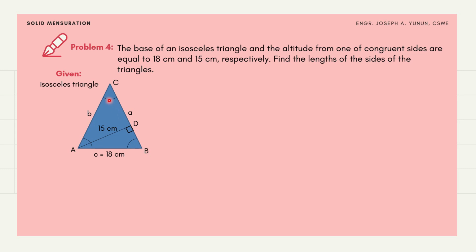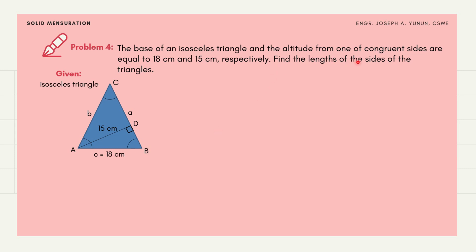Okay, so you have here angles A, B, and C. And then line segment AD represents the altitude, 15 centimeters. So side a represents side BC, side b represents side AC, and side c represents side AB, which is the base of the given isosceles triangle, which is 18 centimeters.